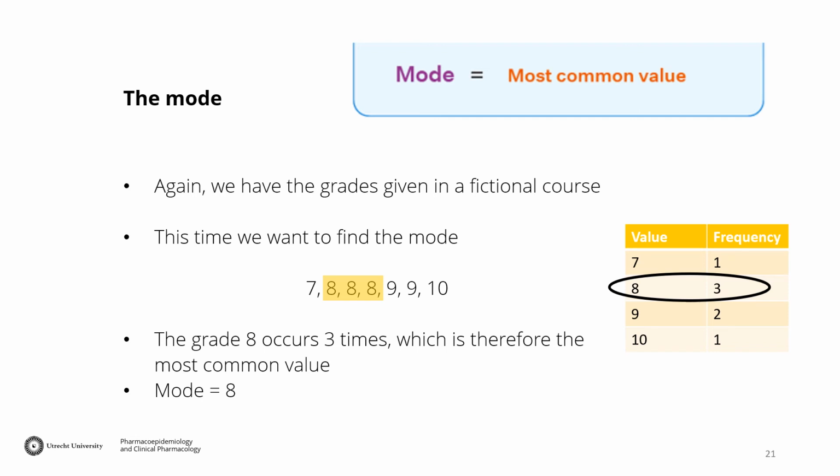We look at the different grades that are given, and typically we put them in a new table where we summarize how many times each grade has been given. Then we can see that one grade occurs 3 times, and therefore this is the most common value. It happens the most times, so that will be the mode. So here it is 8.